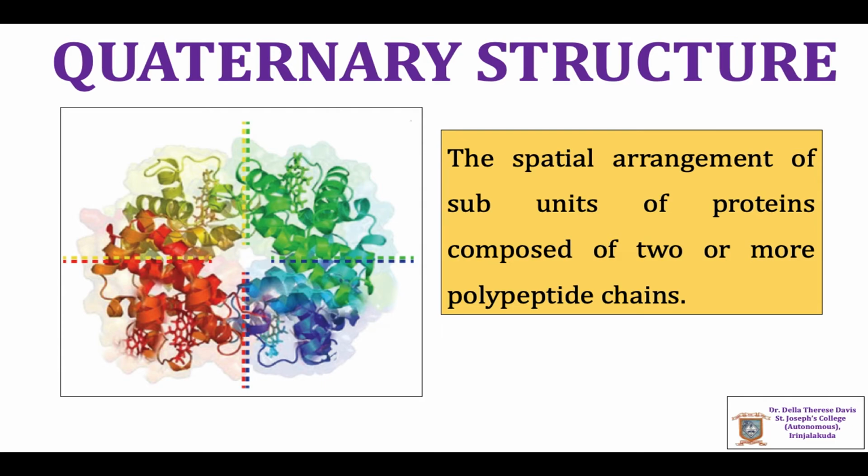For example, hemoglobin has four globular polypeptide tertiary structures combined together to give the quaternary structure of the entire globular protein. The forces that stabilize the quaternary structure include hydrogen bonds, van der Waals forces, disulfide linkages, electrostatic forces of attraction, etc.